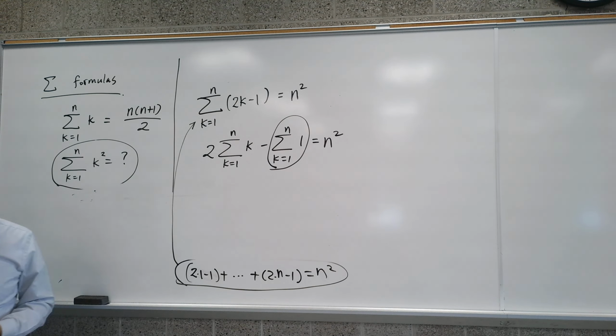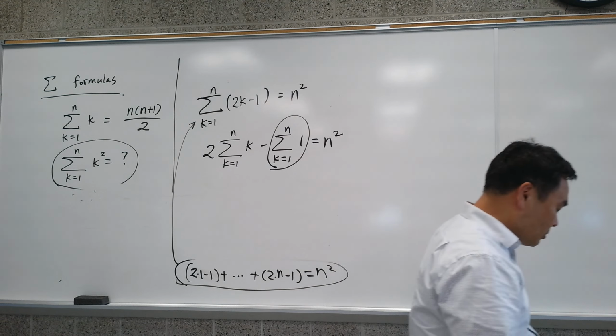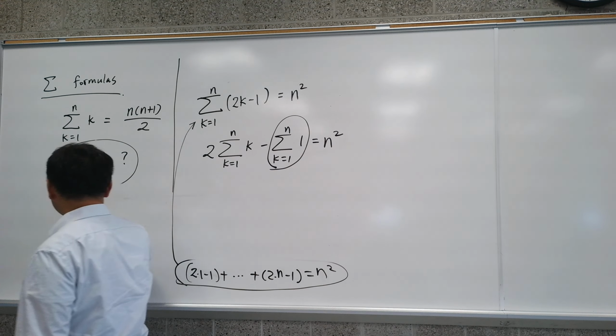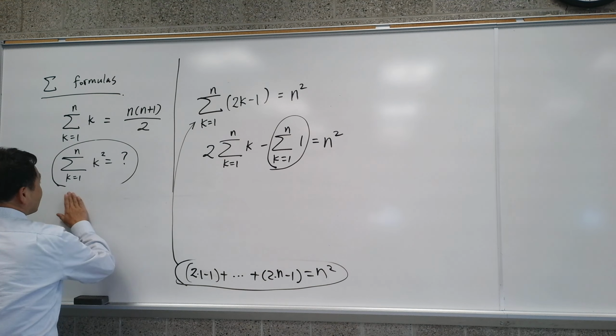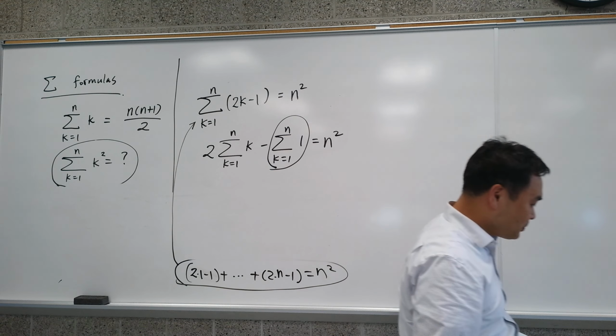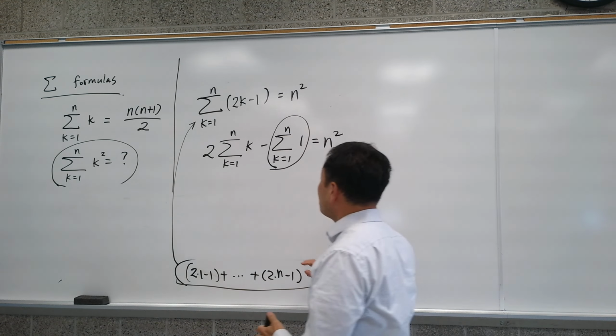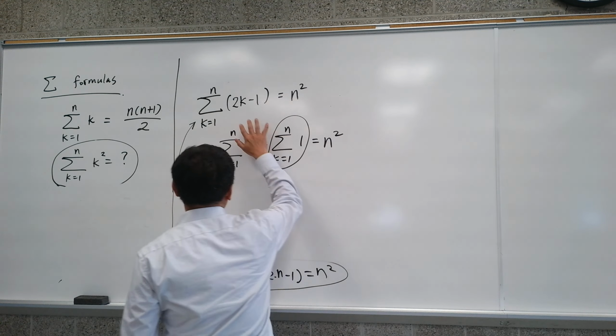See, as I said, I want the summation of k squares, right? And in order to get this result, let's pretend for a while that we didn't know this. Let's pretend we had no idea that it was like this, and then we somehow stumbled upon this identity.